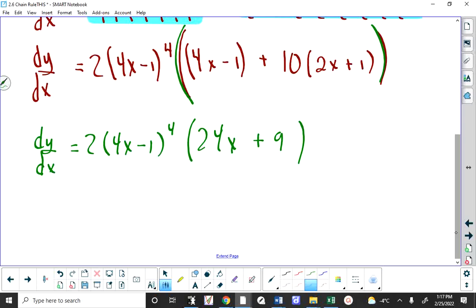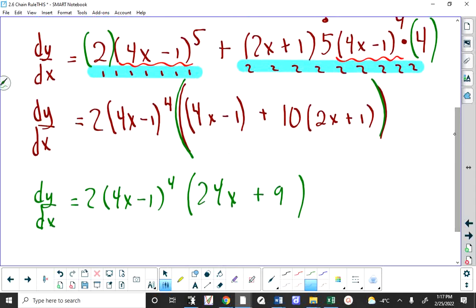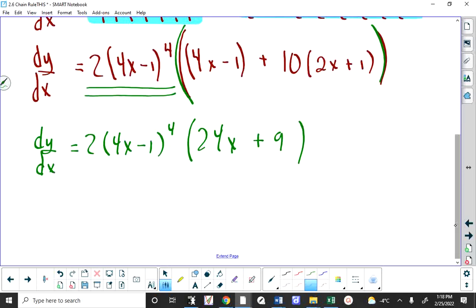This would not be the answer, because we always want things factored as deeply and as much as possible. And this is an interesting thing about factoring: after you take out the greatest common factor, it turns out that when you simplify the result, you get 24x plus 9, which has a common factor of 3.